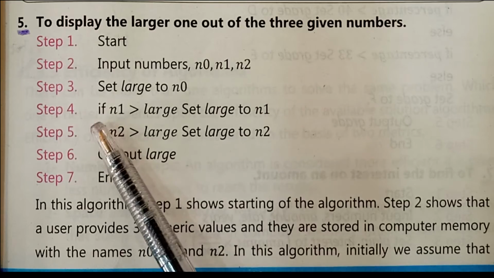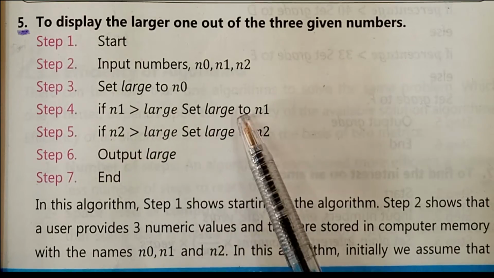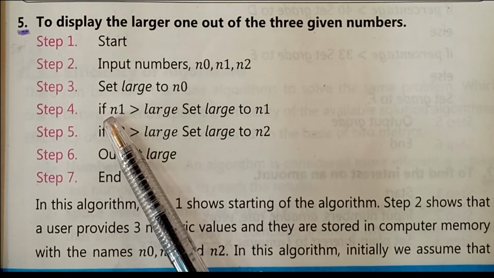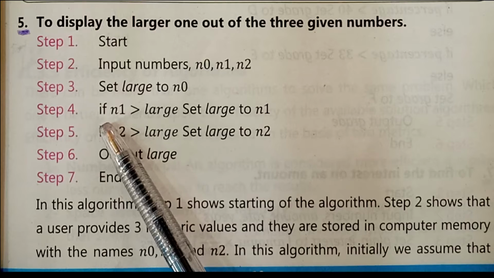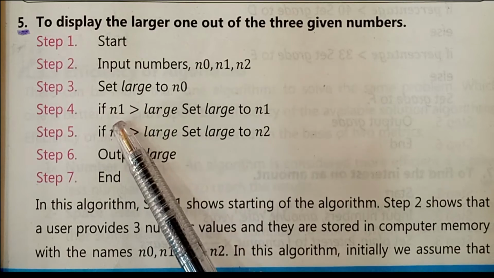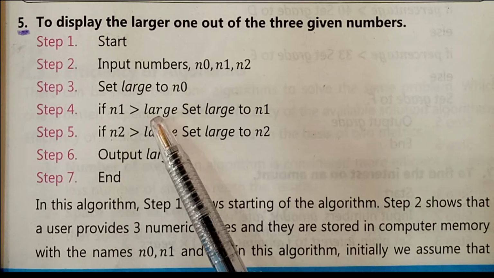Step number 4, if n1 is greater than large, set large to n1. Now students, you can see here is the conditional statement, means if statement. We have a condition that if n1 is greater than large, large is the n0.